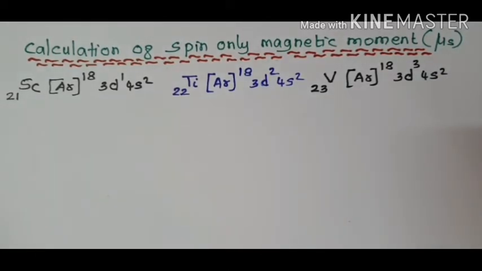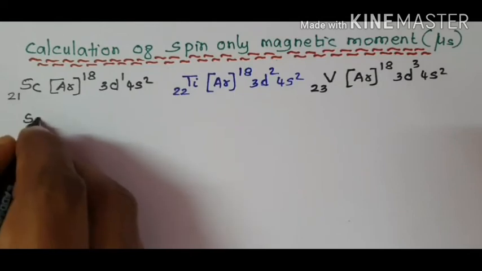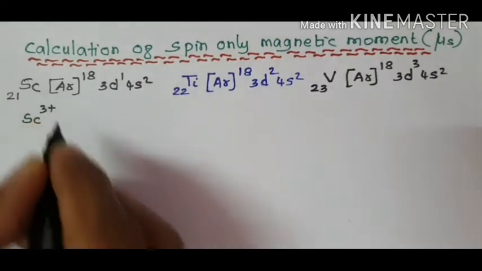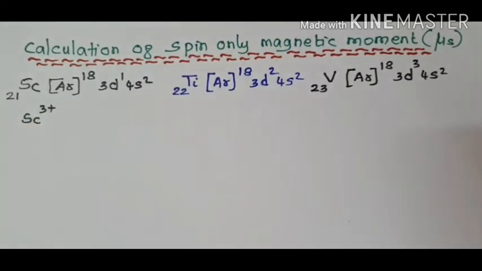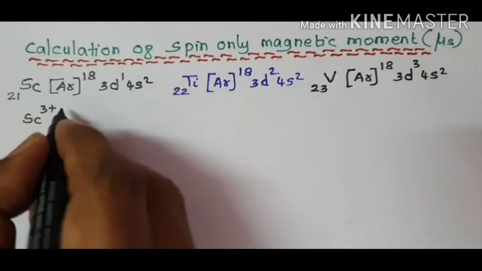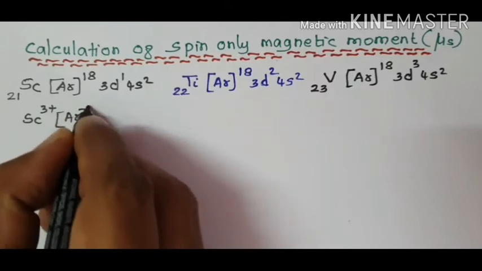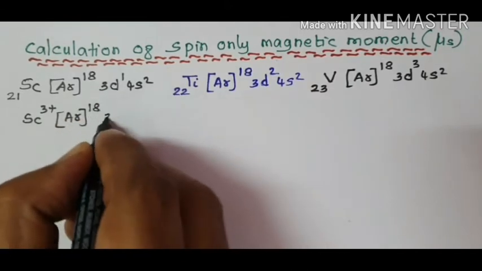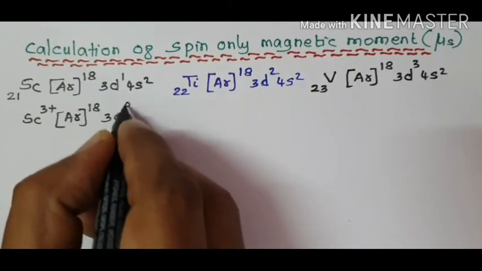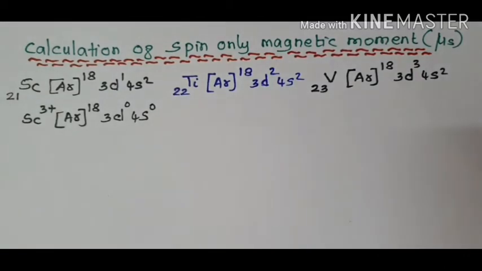Now we are going to write the electronic configuration of the ions. Scandium 3 plus indicates loss of 3 electrons by the scandium atom, 2 electrons from 4s and 1 electron from 3d: argon 18, 3d0, 4s0. The d orbital is empty.